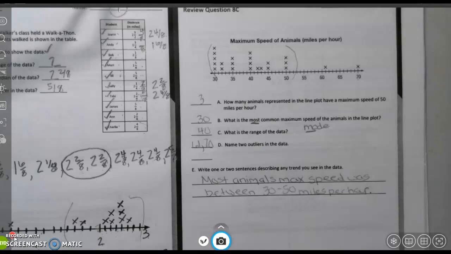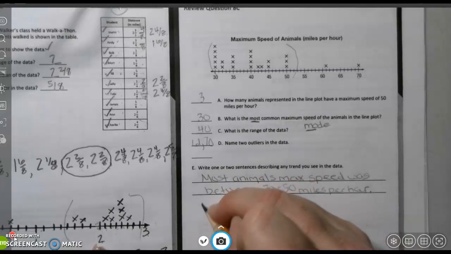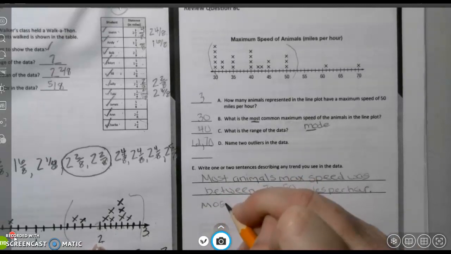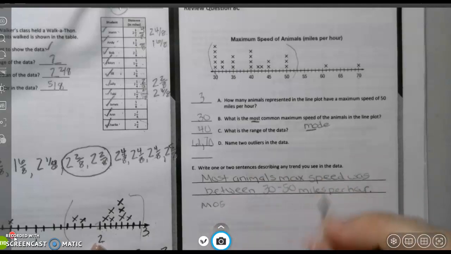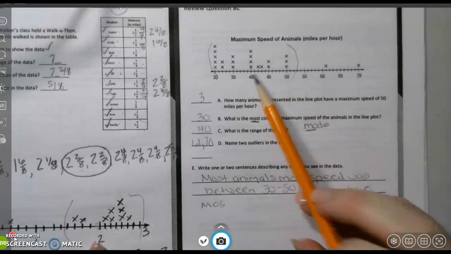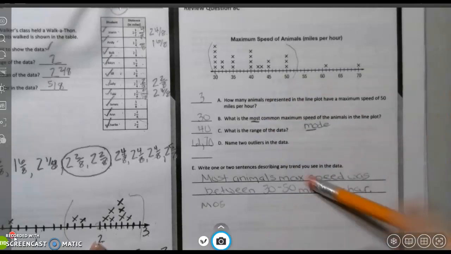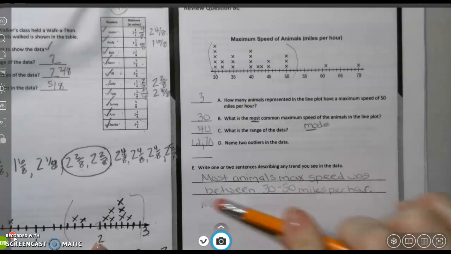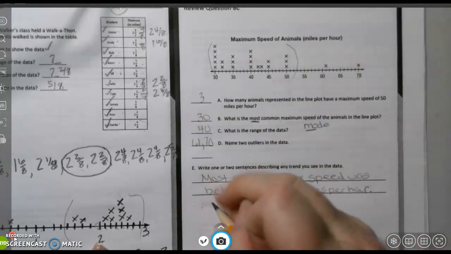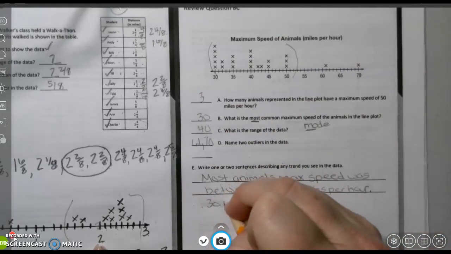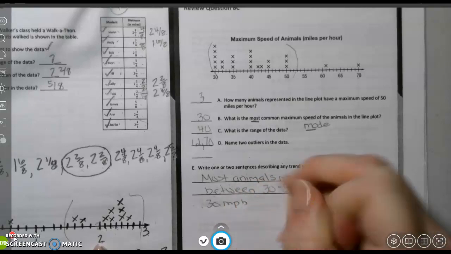And then I could say, well, we could say most animals, well, not most animals, because 40 is right under there. What could we say? We could say 30 miles per hour.